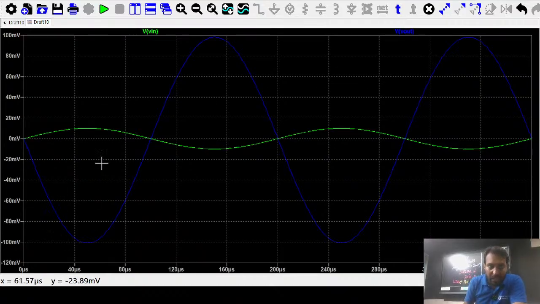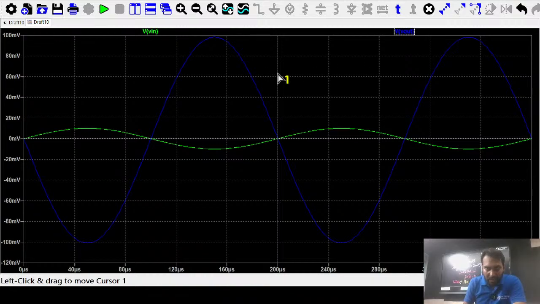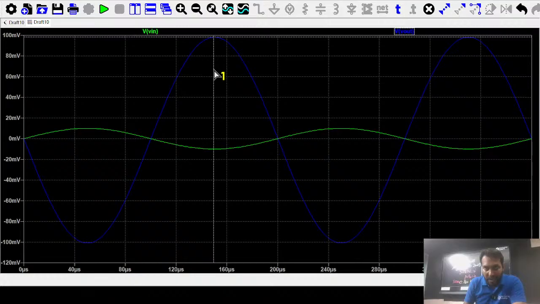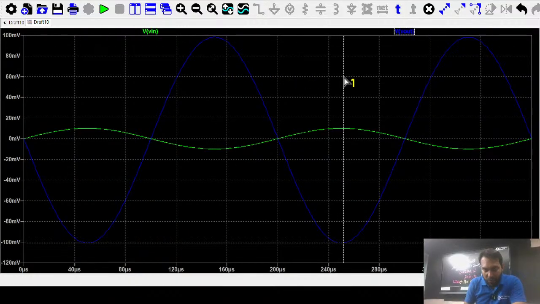So if you are interested in what the gain will be, you can take that V out and click here, and you can check what the peak value is. That peak value is nearly about 98 point something, and the bottom value is about minus 101.